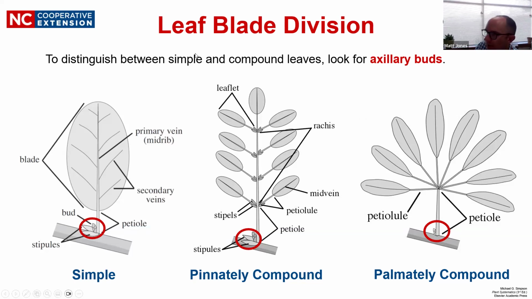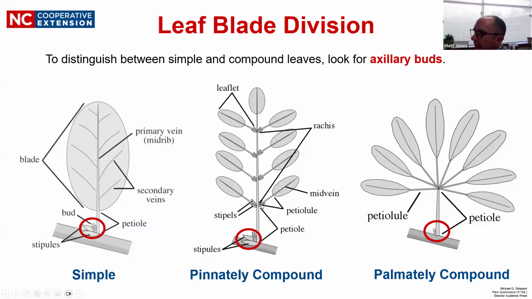Clover also technically has a pinnately compound leaf, but it's a specialized one called trifoliolate. We'll see in a second. Palmately compound, the best example in North Carolina would be the buckeyes. So I'll show you that in a second. But buckeye has a palmately compound leaf quite conspicuously.